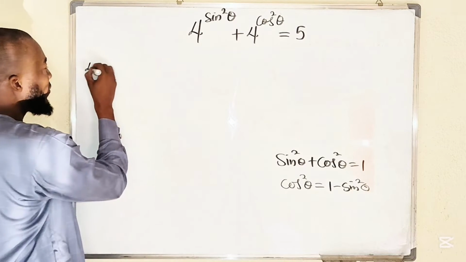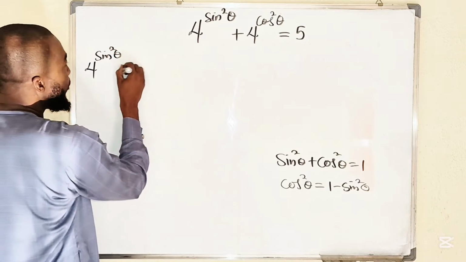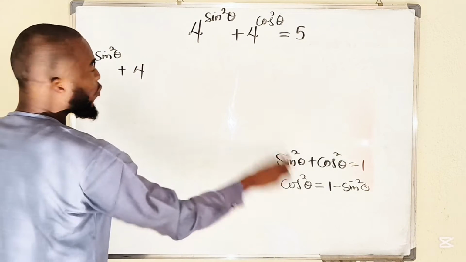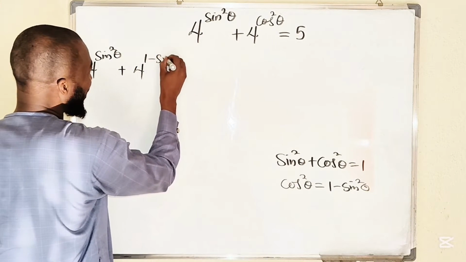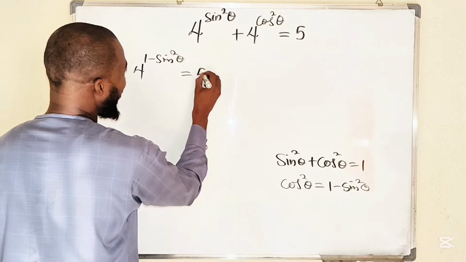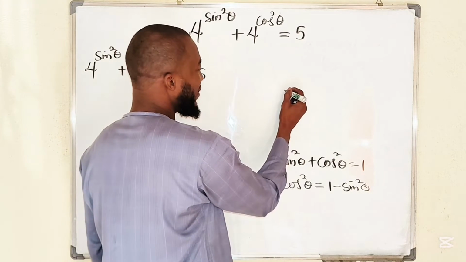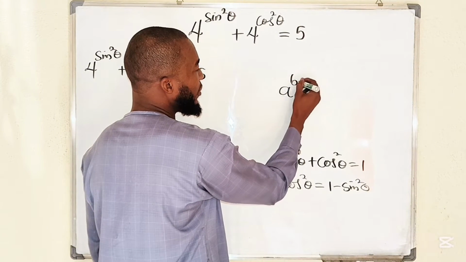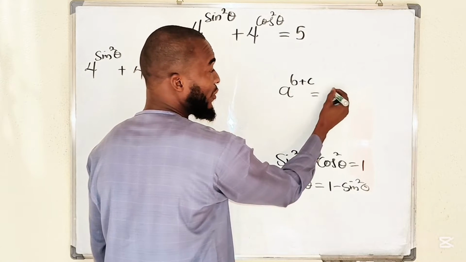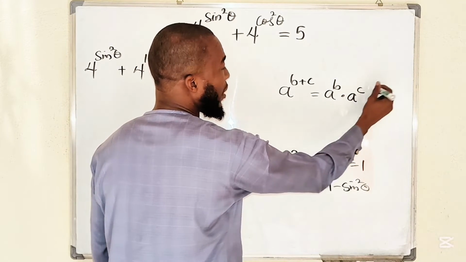So we have 4 raised to the power of sine squared theta plus 4 raised to the power of 1 minus sine squared theta instead of cosine squared theta, and this remains equal to 5. Remember this law of indices: a raised to the power of b plus c is equal to a raised to the power of b times a raised to the power of c.